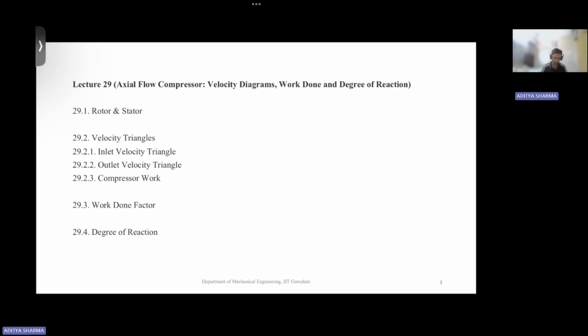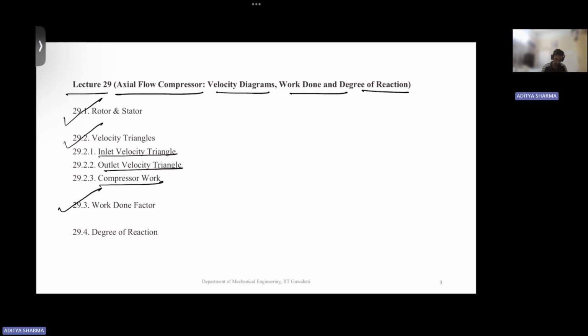Lecture number 29, its topics. So we have first rotor and stator, velocity triangles, inlet velocity triangle, then outlet velocity triangle, then compressor work, then work done factor, then degree of reaction. So let's discuss these topics one by one.